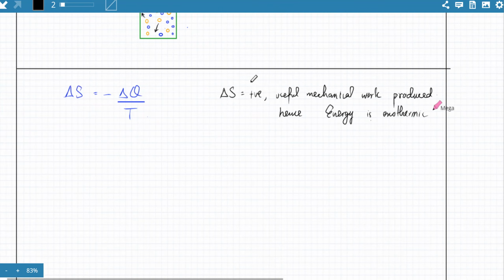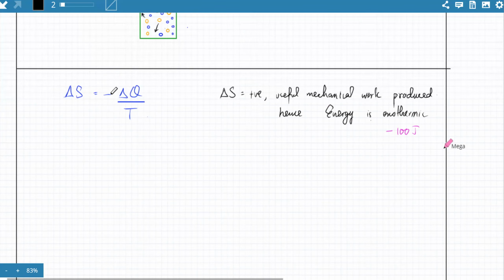So let's say delta S is positive. Let me give it a value. If delta S is positive, 100 joules of energy, work done, is produced. Let's call it minus 100 joules, okay? Because it's exothermic. So if I put minus 100 over here, and there's another minus sign over here, delta S is actually going to come out to be positive. So which is why the two things have opposite signs.